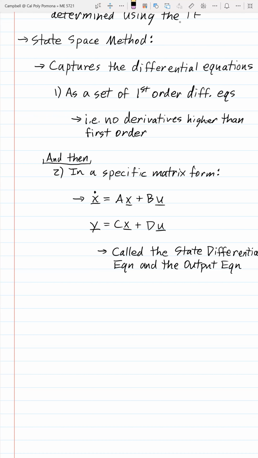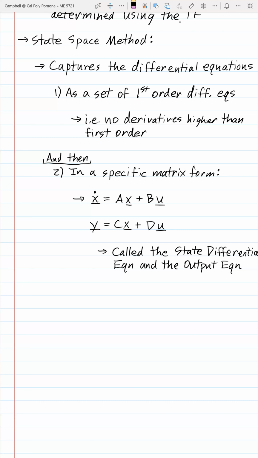So our matrices are A, B, C, and D. But then we'll also see that we have these things that are being multiplied by these matrices, X and U, but those are underlined. What does that mean? Those are vectors. And so what do we have? We have matrix multiplication of vectors that then lead to other vectors.